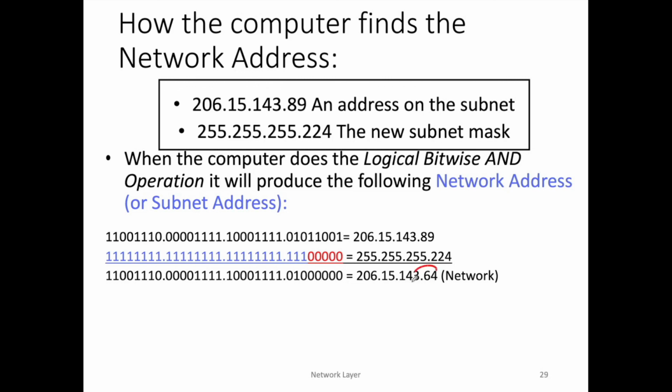So this means the router will forward this incoming packet to the subnet 206.15.143.64. This is why we use the subnet mask: to help the router do this logical bitwise AND operation on the incoming packet's destination address and the subnet mask that we have calculated and provided to the router, to determine which subnet this packet will be forwarded to. Okay.